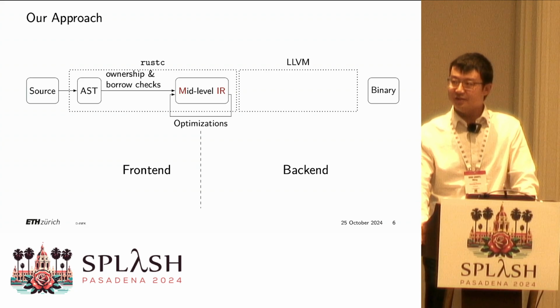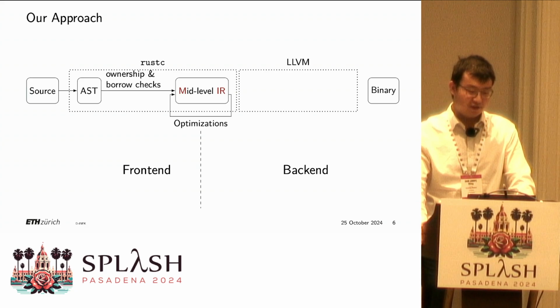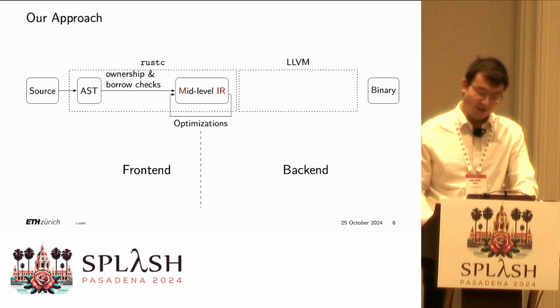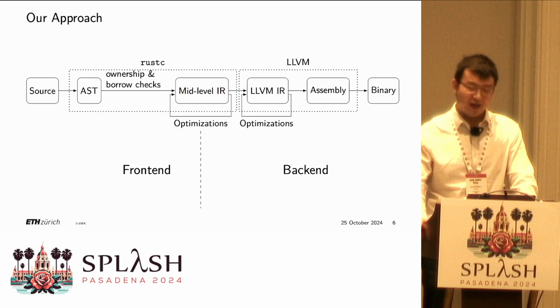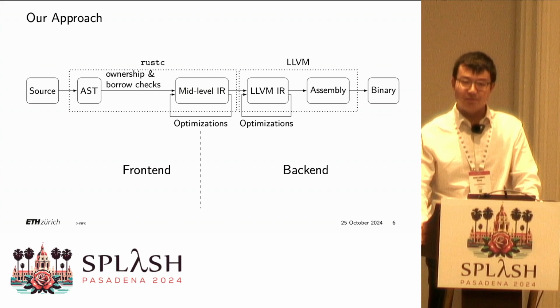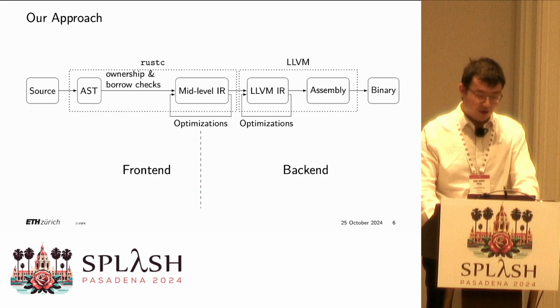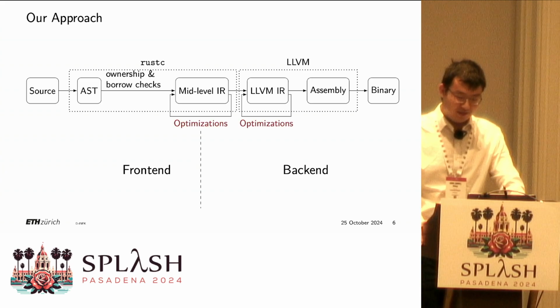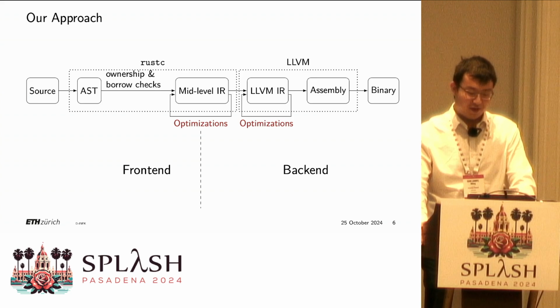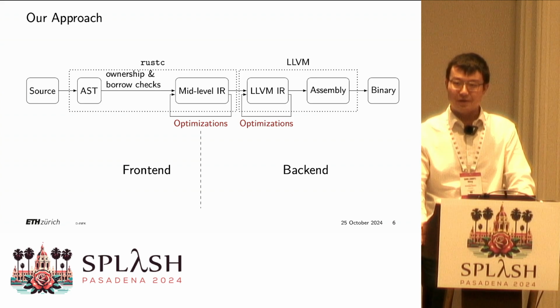Some optimizations are performed on MIR to reduce code size and improve performance. This is then lowered into LLVM IR, more optimizations are performed, and machine code gets generated. We are the most interested in these optimization stages because they are the most likely places for correctness bugs to hide.